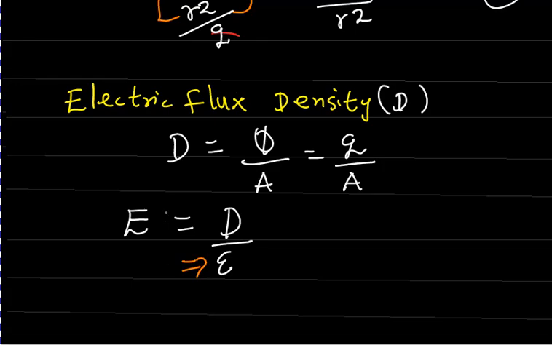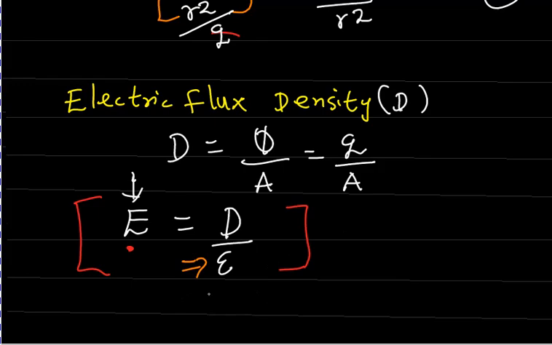So the electric field intensity is always equal to electric flux density divided by the permittivity. Please take note of this. This is another formula of electric field, and this formula relates electric field with electric flux density.